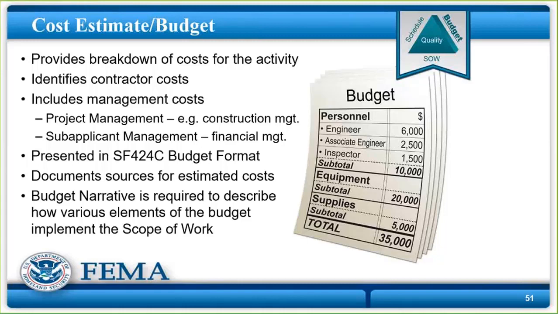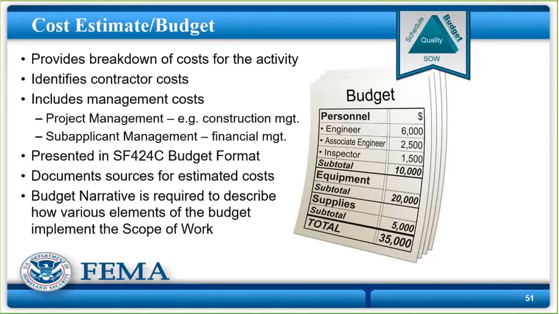Sub-applicant management. Okay, you're going to see this as you go through a sub-application. So if you were not the tribe, and maybe it's the city of Nespelem that's applying to the Colville Reservation for a PDMC grant that the Colville will then send into FEMA. The city of Nespelem says, well, I need financial administration costs covered for this.